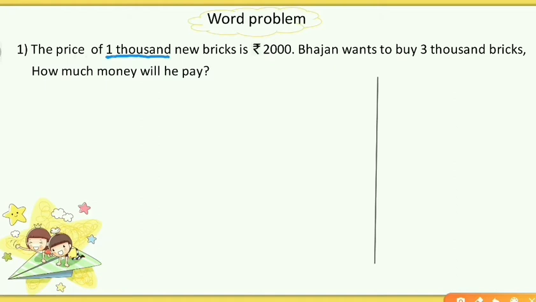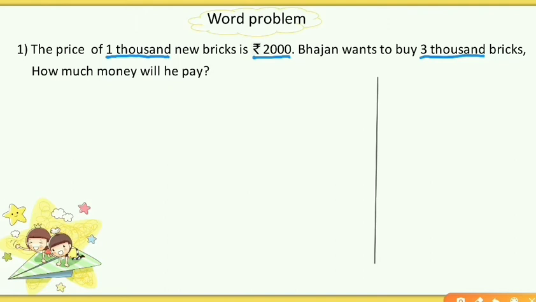So here the price of 1000 new bricks is given as rupees 2000. And Bhajan wants to buy 3000 bricks, and it is asked to find how much money he has to pay at the end when he wants to buy 3000 bricks.